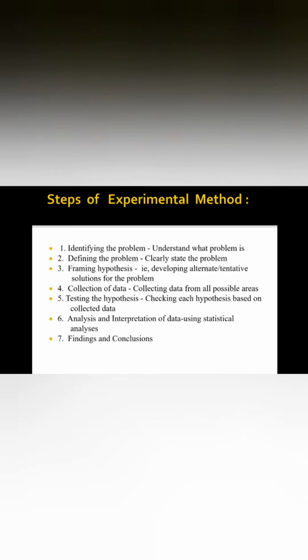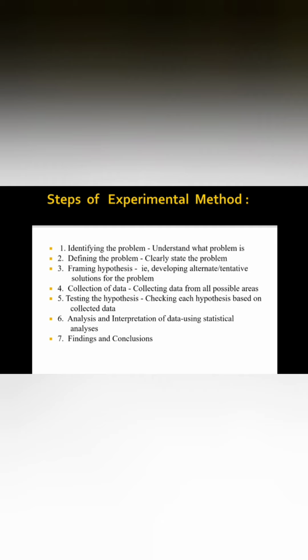The next is steps of experimental method. First step is identifying the problem, that is, understand what the problem is. Second step, defining the problem, clearly state or define the problem. Third is framing hypothesis, that is developing alternative or tentative solutions for the problem.